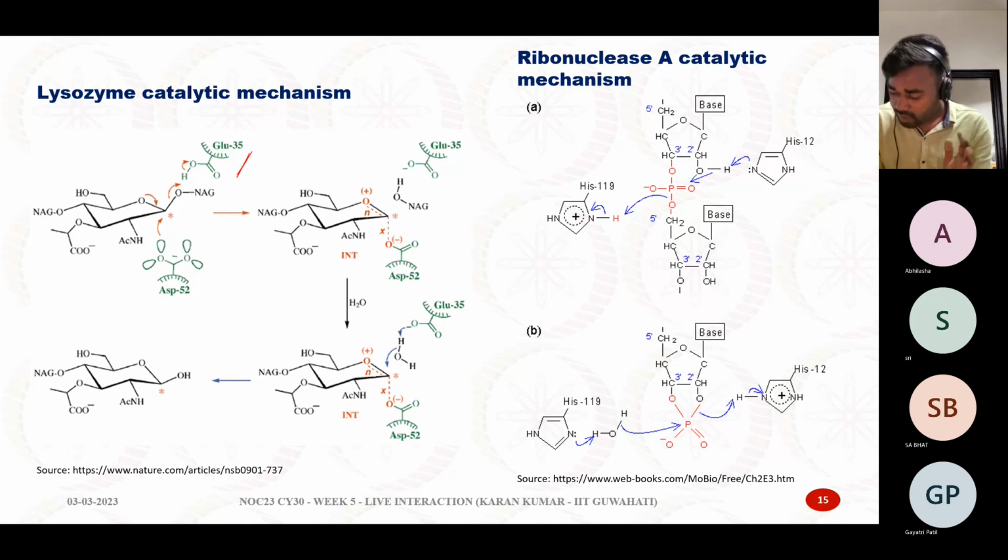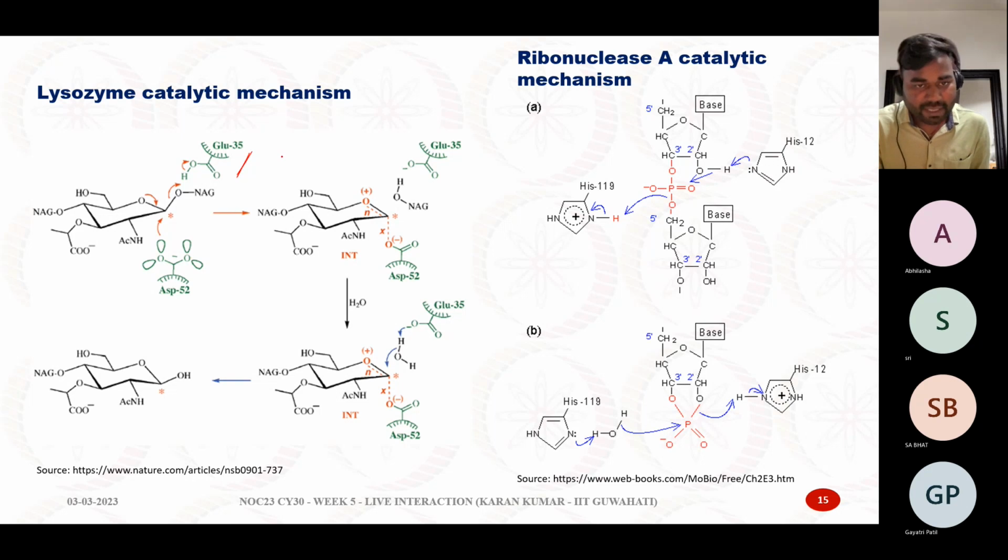But when there is a drop in pH, what will happen? This glutamic acid will not be able to be ionized, and the aspartic acid, which has the lower pKa, will ionize first.